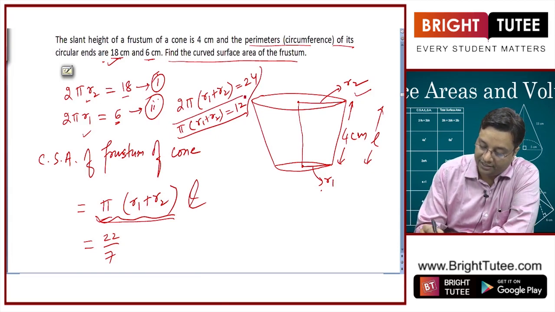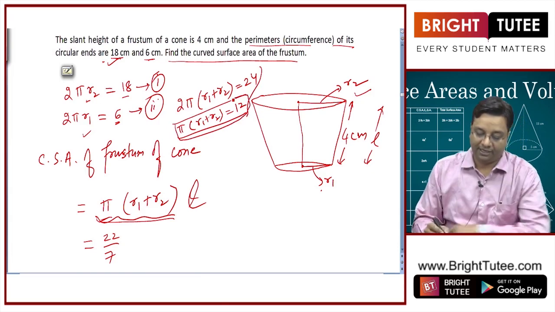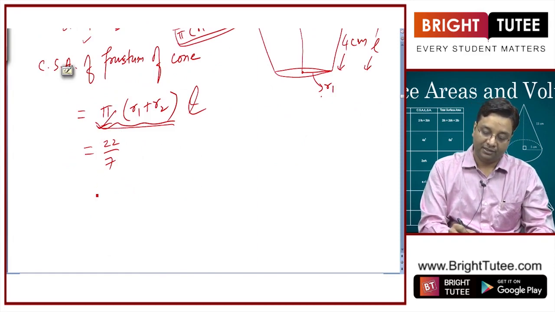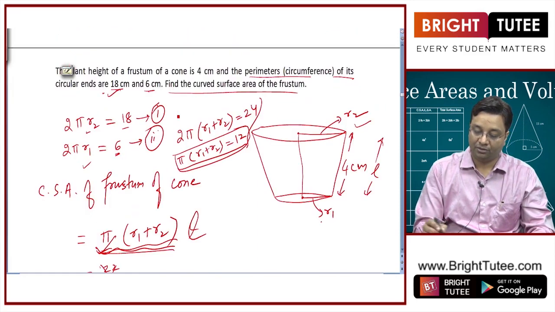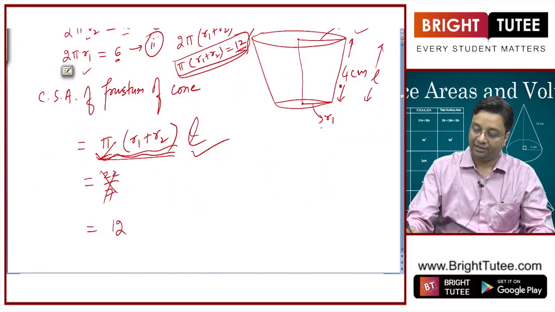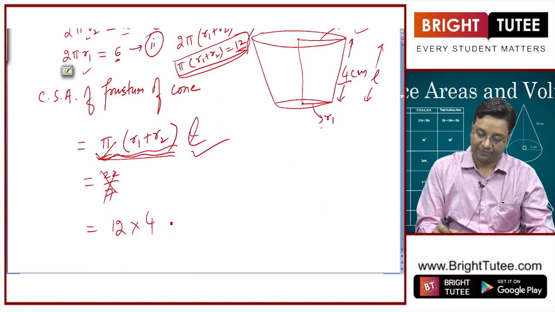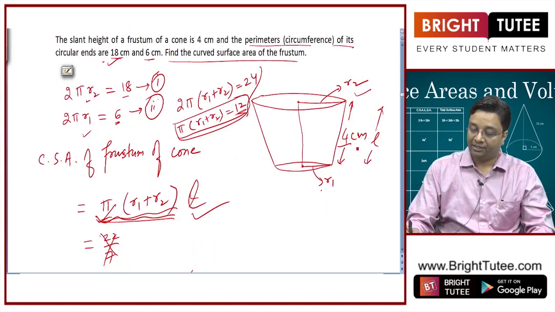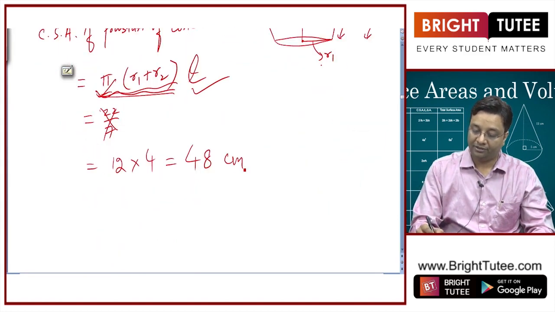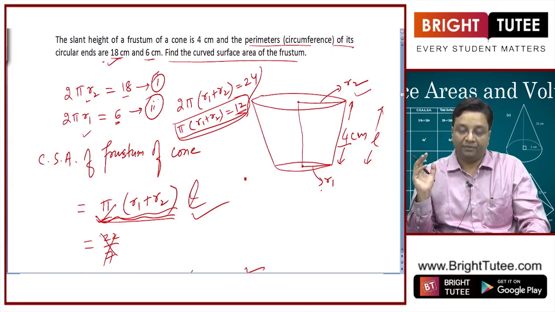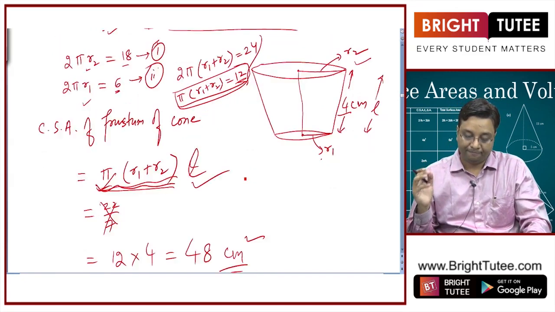So I will directly replace this by 12 here, and L by 4. So this is equal to 48 and the unit will be centimeter square. So this is the curved surface area of the frustum.